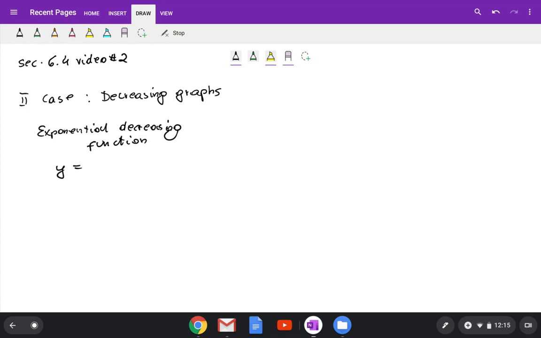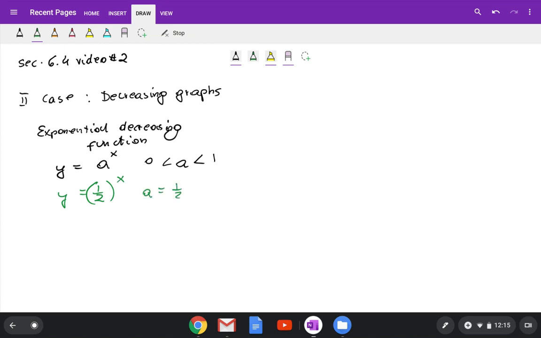So y equals a to the power of x, and the exponential function is decreasing if the base is greater than 0, however less than 1. So we will graph y equals 1/2 to the power of x. In this case the base is 1/2.